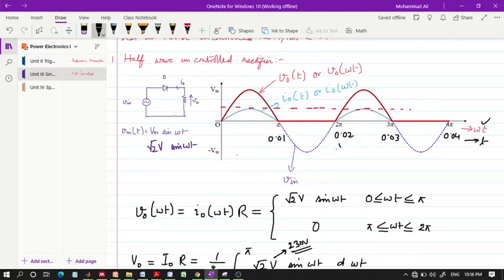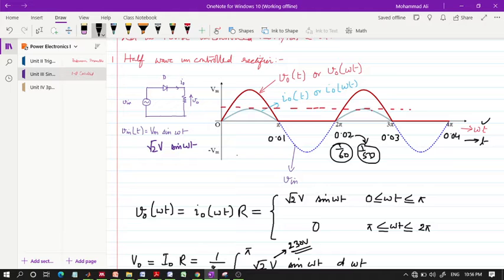It will be 1 upon 60 then. Right now it is 1 upon 50 because I am taking the supply as 50 Hz. In the American system it will be 60 Hz.